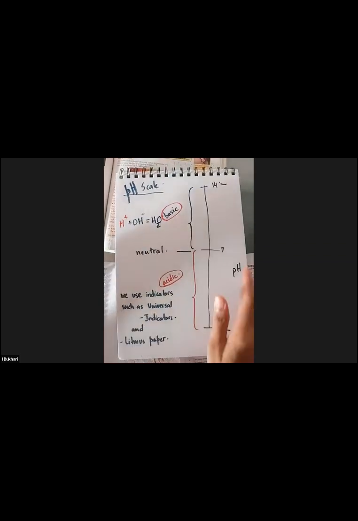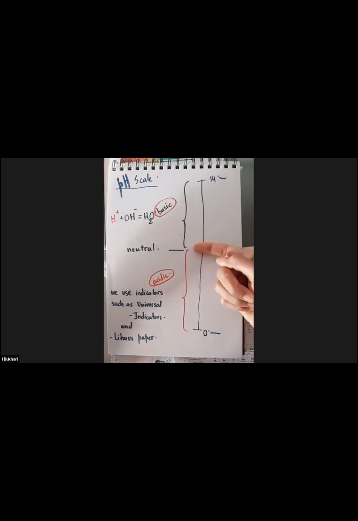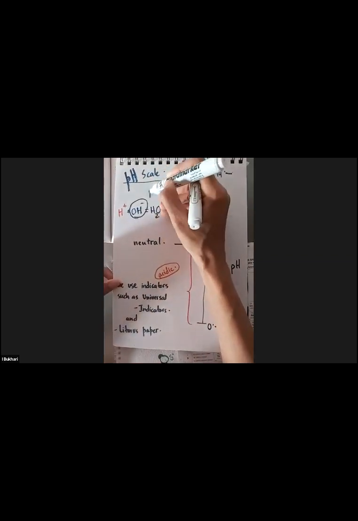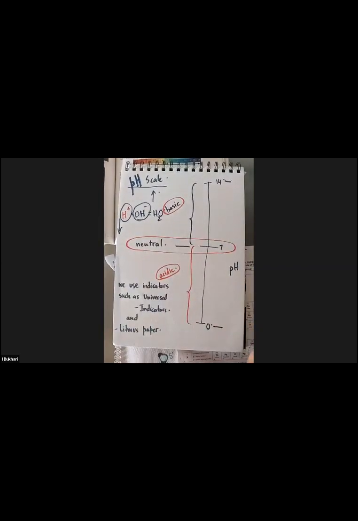If you have pH between 7 and 14, what does that mean? That means there are more of this and fewer of this. And if a solution has equal hydrogen ions and hydroxide ions, both of them canceling each other out, you have neutral, which is 7.